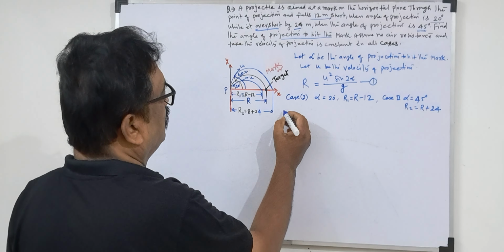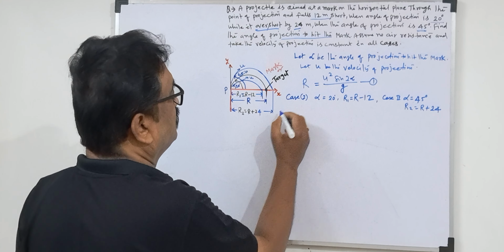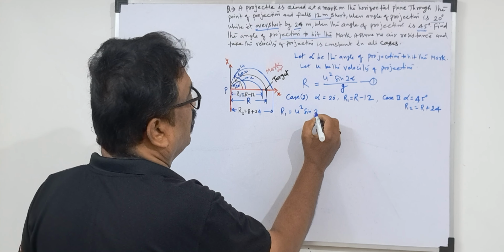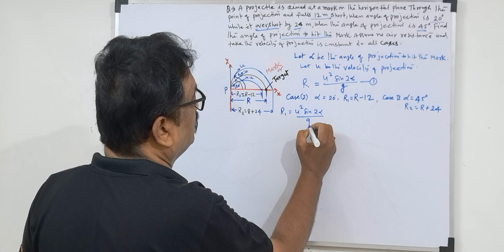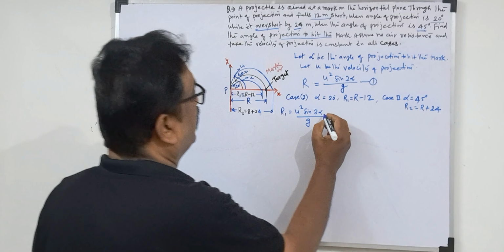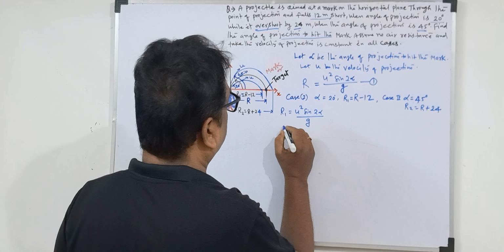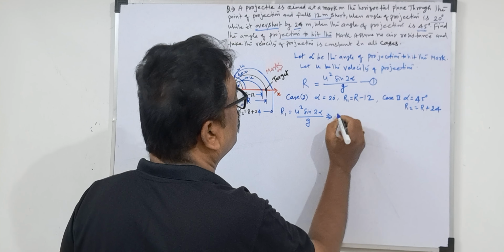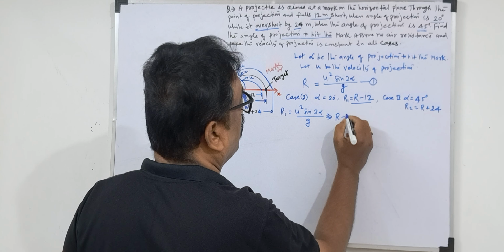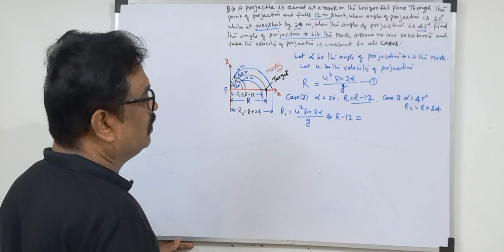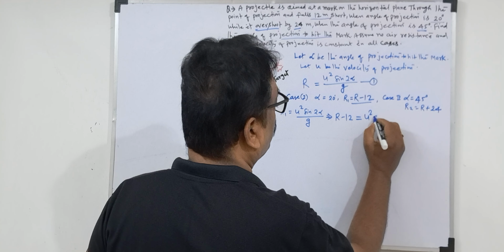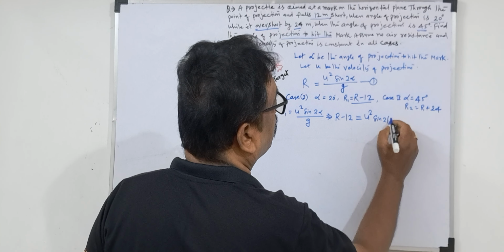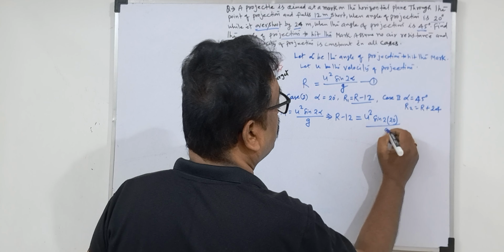So for case 1, what will the range be? R1 equals u square sine 2 alpha by g. This is the range formula. Now we can write for case 1: R1 becomes R minus 12, so R minus 12 equals u square sine 2 alpha, where alpha is 20 degrees, by g.